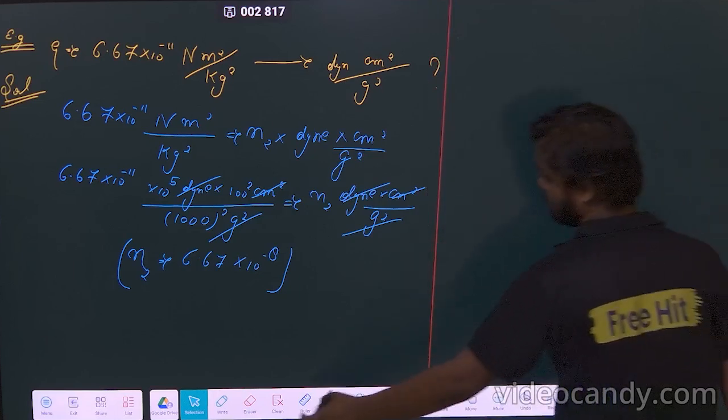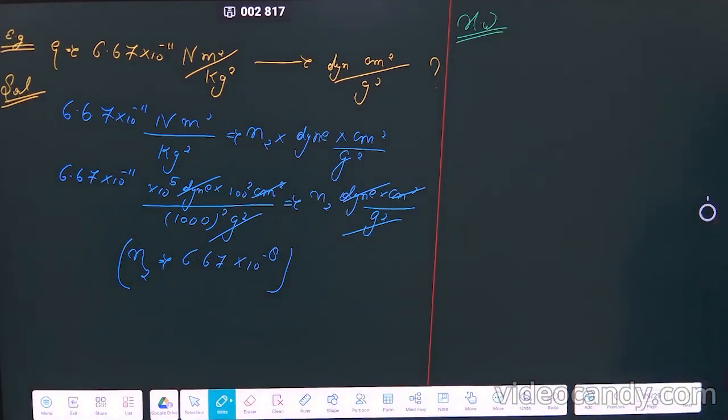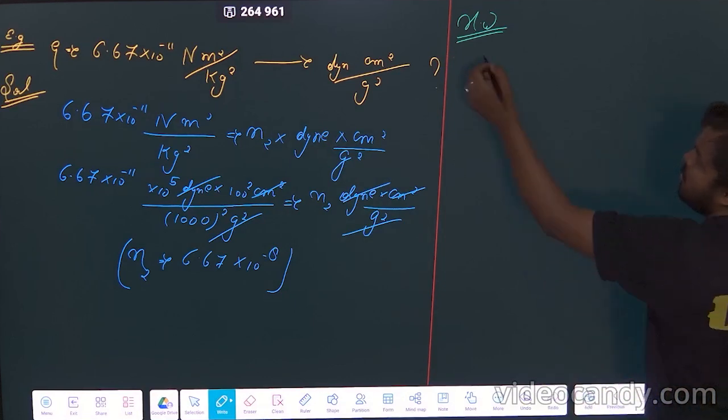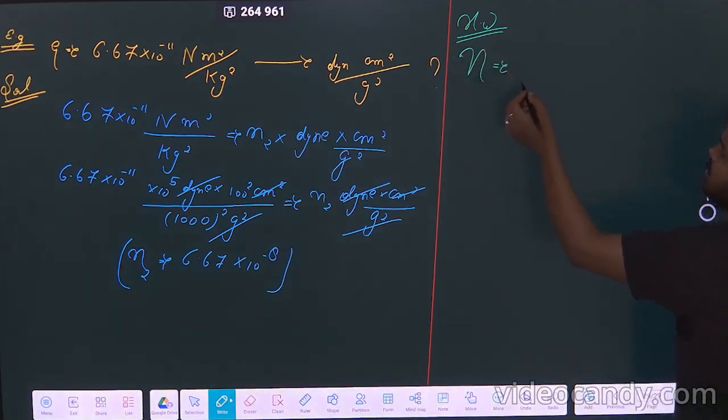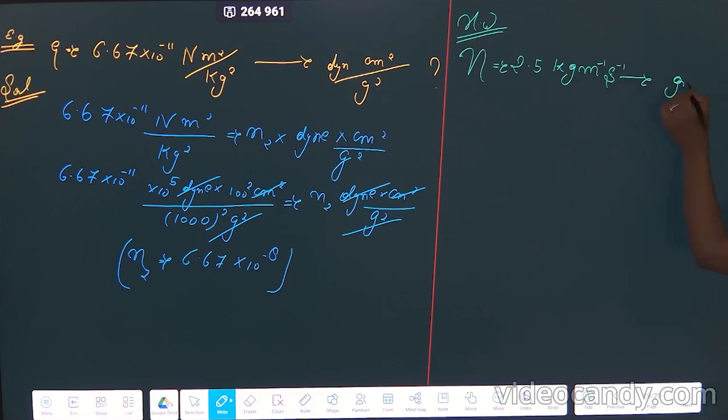Let's, for example, suppose the eta value is 2.5 kg minus 1, you have to find this value in gram second minus 1.